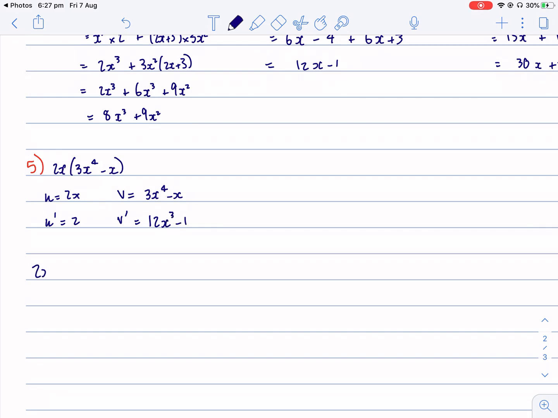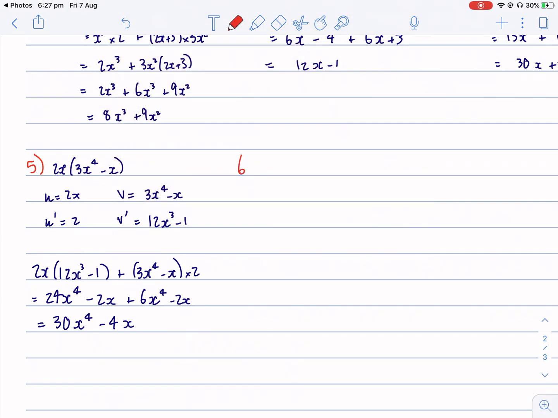So I've got 2x times 12x cubed take 1 plus 3x to the 4 take x times 2. That gives me 24x to the 4 take 2x plus 6x to the 4 take 2x gives me 30x to the 4 take 4x.